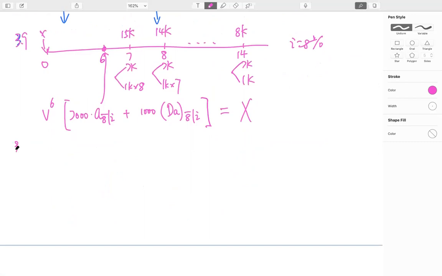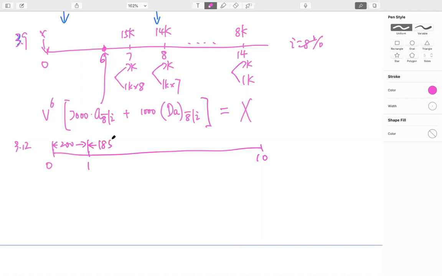Next one, 3.12. Calculate the accumulated value at time 10 years that is received continuously over each year. Over 10 years, in the first year, the payment is $200, and then decreases by $15.